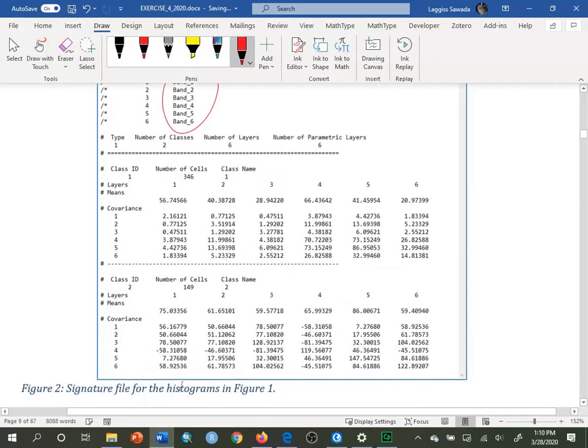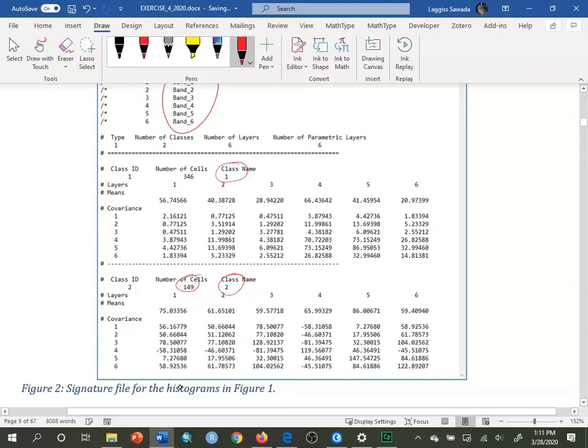and then how many cells there are being considered in total for each of the classes. So in this case, for the example above, there were 346 cells in class 1, which was forest, and 149 cells in the non-forest.